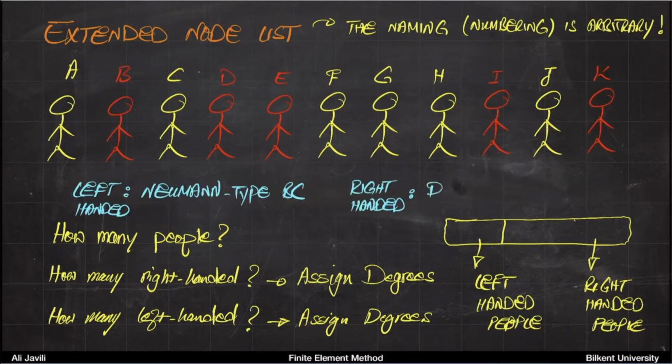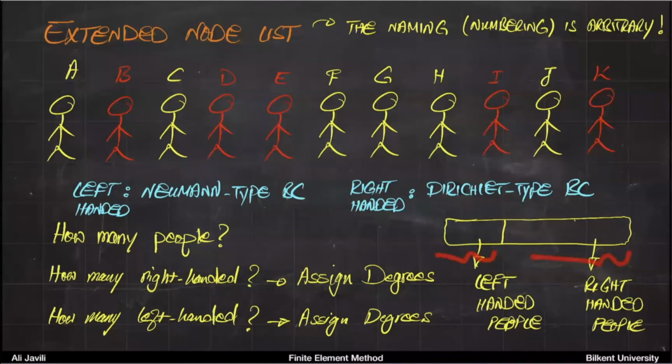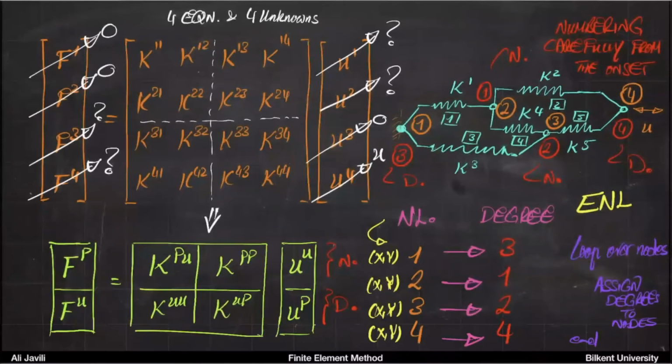Now, why do I say left-handed are like Neumann and right-handed are like Dirichlet? It's because of the way that I just mentioned we want to order them. Remember, I said we want to put the right-handed people at the end and left-handed people at the beginning. So we want the Neumann type boundary condition at the beginning and Dirichlet at the end.